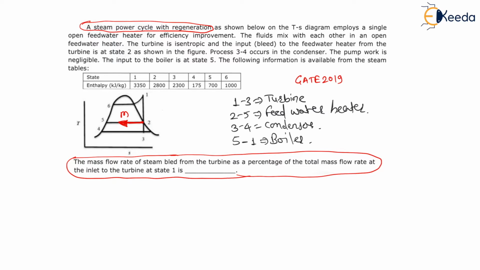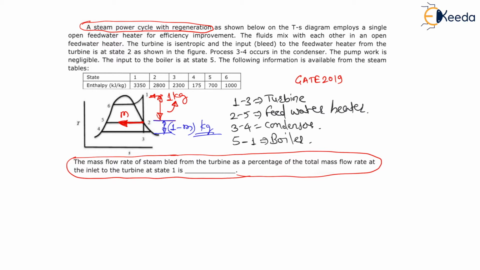Now let us say at state 1 the total mass is 1 kg. Means from 1 to 2 the total mass traveling is 1 kg. Now at 2, m kg of mass from 1 kg is extracted for heating in the feed water heater. That means from 2 to 3, 1 minus m mass is flowing, because at 2, m kg is extracted in the feed water heater.